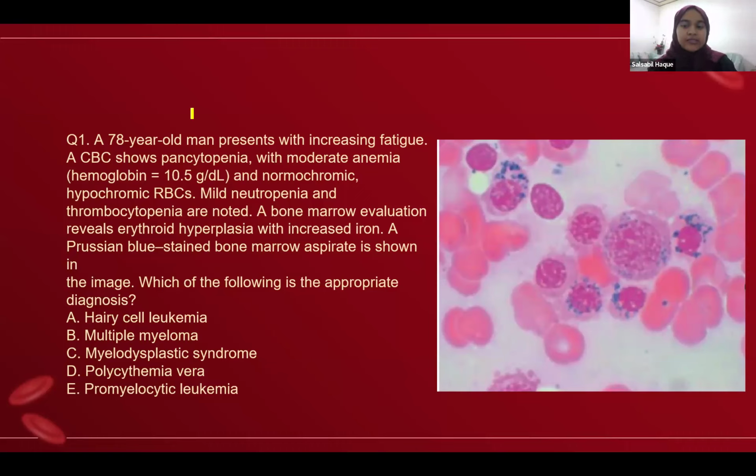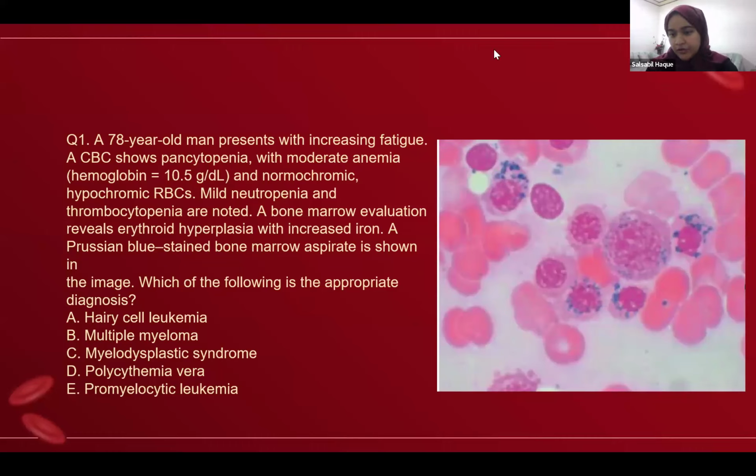It is myelodysplastic syndrome. Can anyone tell me what we see in the image? Yep.